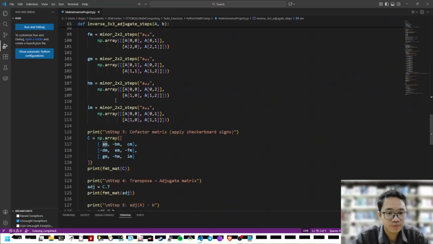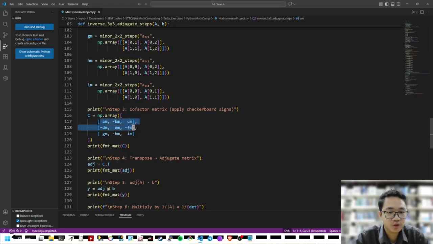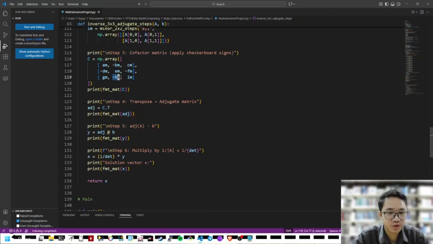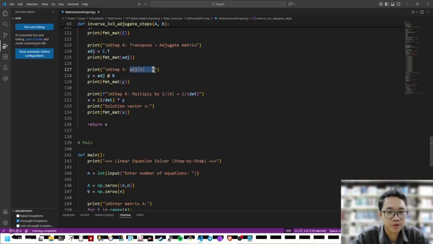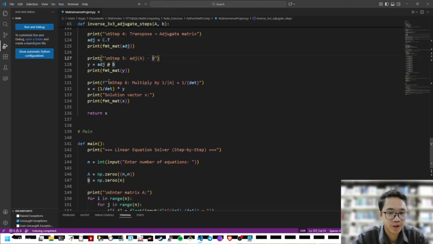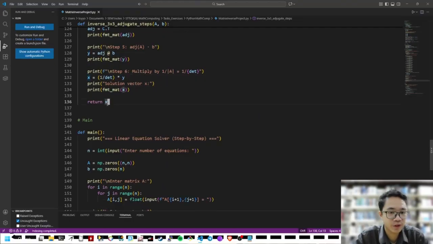After that, you need to calculate the cofactor for each of these 4 elements. And after you have the cofactor matrix, you need to do transpose. Here's the operation C times T. T is a function from NumPy to do transpose, and then you need to multiply it with the matrix B, and after that the last step is to multiply it by 1 over the determinant. So this is the formula, and you return the X value.